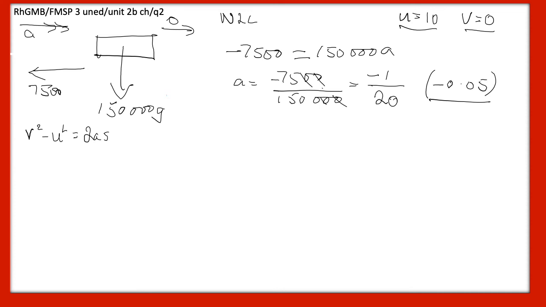So clearly I'm going to get 0 squared, which we know is 0, but I'm putting it in there just to show that I'm really doing the piece of work that I should be doing. Minus 10 squared is equal to 2 times minus 1 over 20. You can tell I'm old school, because I prefer to use fractions, but if you want to use the decimal, that's no problem at all.